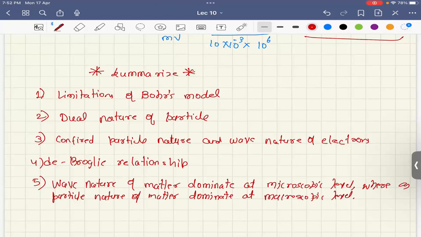So this is what we have concluded, right? So here we can write Davisson and Germer's experiment.